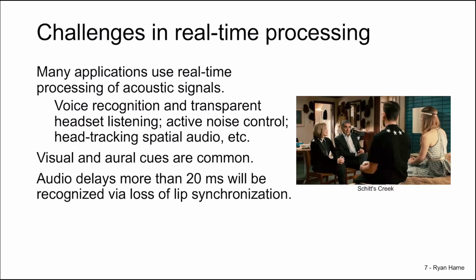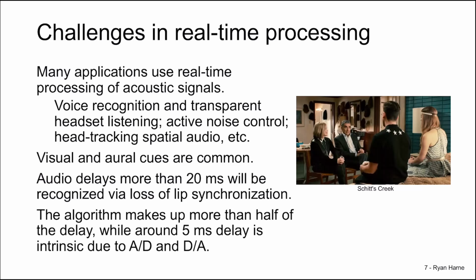And if our acoustic real-time processor leads to audio delays of more than 20 milliseconds, people would recognize this through a loss of lip synchronization with the visual cues. And in fact, when we implement this, the A to D or analog to digital and D to A converters lead to basically a fixed 5 millisecond delay. So the encoder itself must be extremely streamlined to help us minimize the sound delay before our users recognize something is amiss.